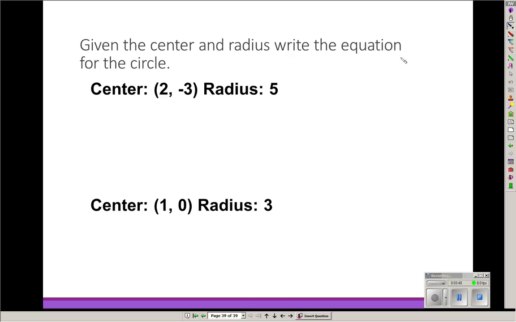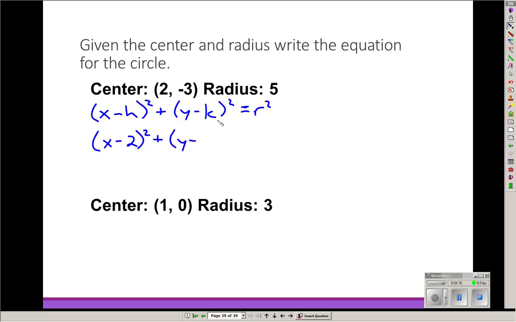Given the center and radius, write the equation for the circle. Well, if the center is 2 comma negative 3 and the radius is 5, use the formula (x minus h) squared plus (y minus k) squared equals r squared. x minus h is 2, y minus k is negative 3, and r is 5.